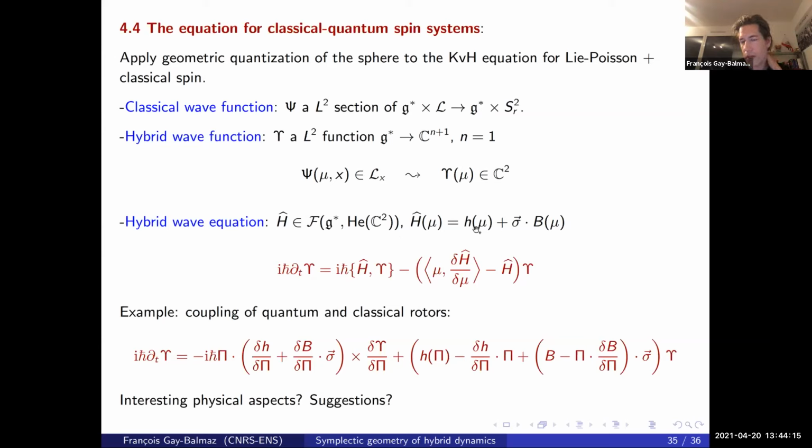So h of mu, which is just a function of the momentum mu, plus this part, then the corresponding wave equations that we suggest have this form. For instance, for the coupled classical and quantum spin, by working on this expression, we get this formula here, where you see the contribution of H, the first part, and how the Pauli term appears in both terms of the equations.